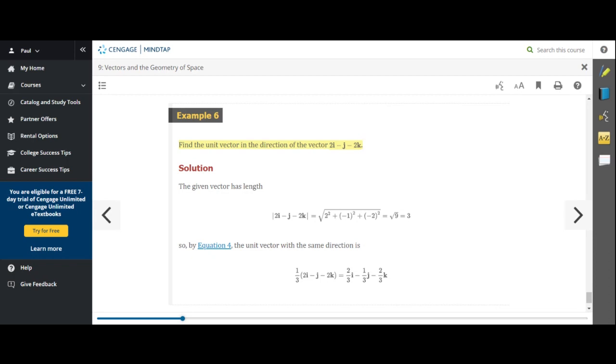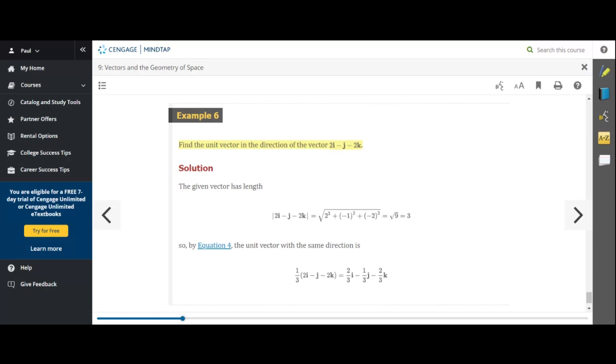So that's called normalizing a vector. Sometimes we call that normalization of a vector. And it'll come up later on when we talk about directional derivatives.